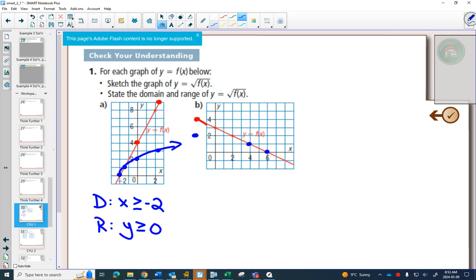But the idea is that when your y values are between 0 and 1, you square root a fraction like that, your graph has to be slightly above. And then below. So on the exam, what are they going to be looking for? For sure, they're going to be looking for, did you label these points where the y values are 0 and 1? Then, do you have your graph slightly above between the y values of 0 and 1?